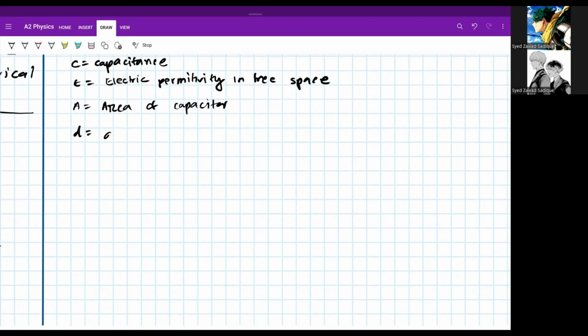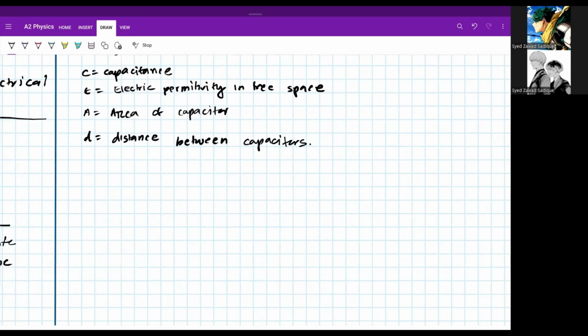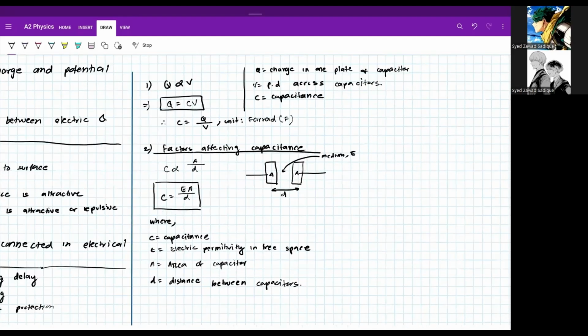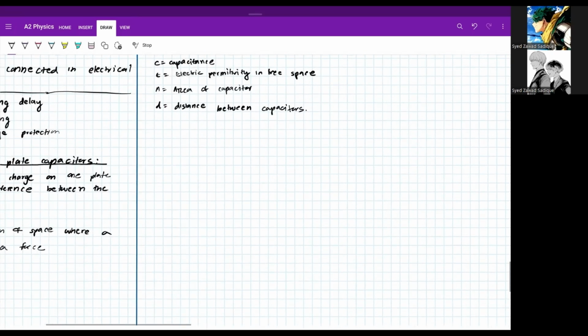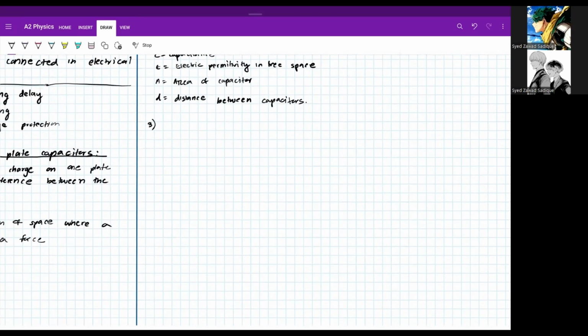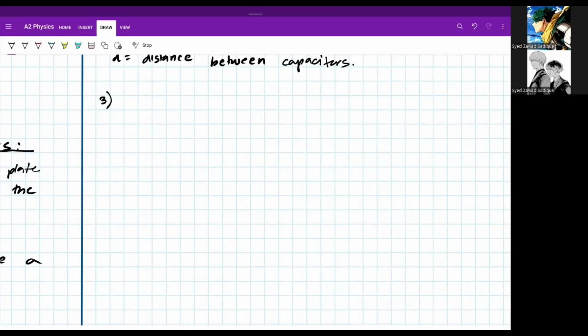D is the distance between capacitors. Right. So this is all right. Now our next concept is very similar to something we've learned in AS, series and parallel.